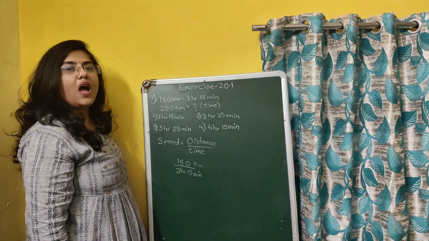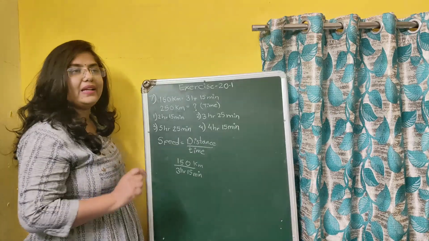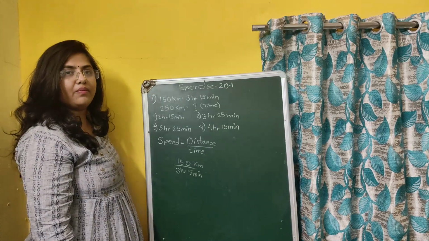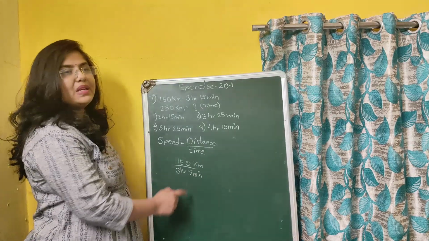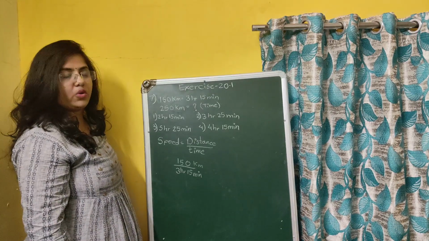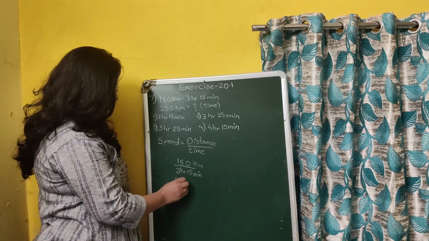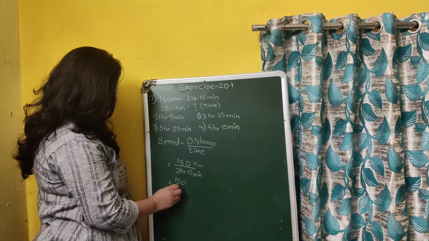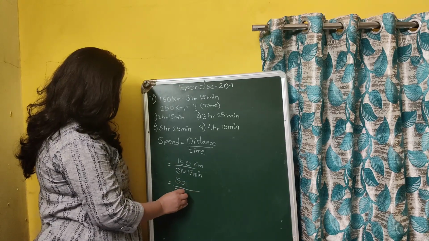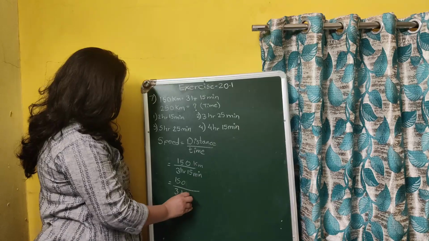Now हमें सबको मालूम है कि 1 घंटे में 60 मिनट्स होते हैं, तो अगर 15 मिनट्स है तो 1 घंटे का क्वार्टर पार्ट हो गया. तो how we can write it is 150 upon 3 plus 1 upon 4.